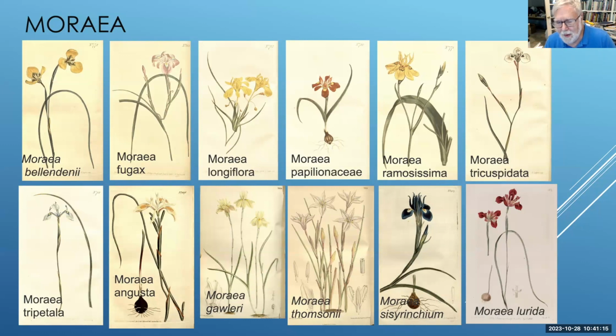The standards are drooping down with the falls, but even so, I always think of iris as being so unusual in their style arms, but Moraea does the same thing.